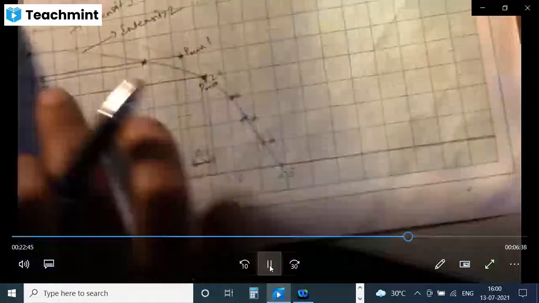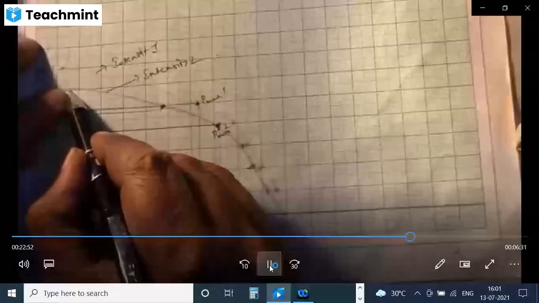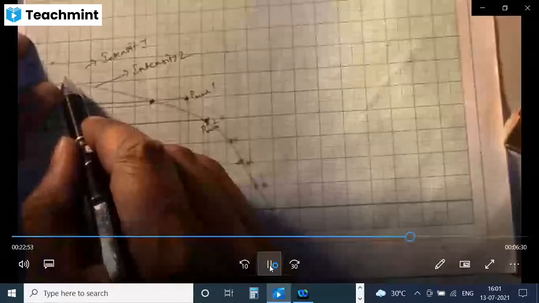So here, what is the point? Note down the corresponding values and connect all of them. Connect all of them. So this is the I-V curve of the solar cell. So this is number 1, and draw this for intensity number 2.